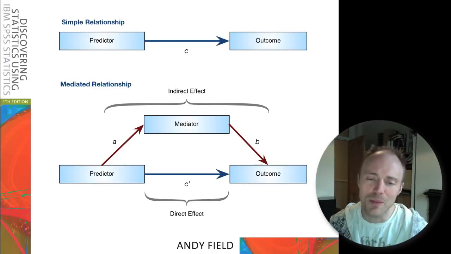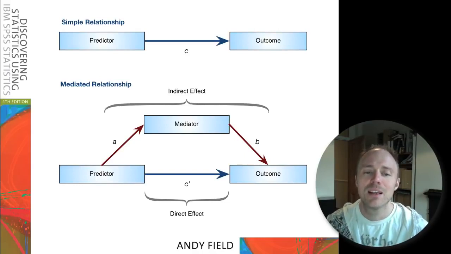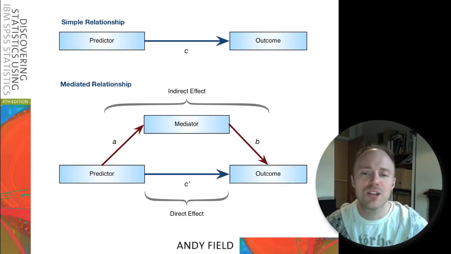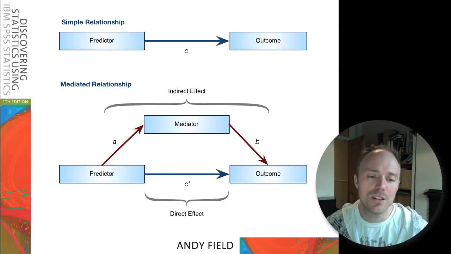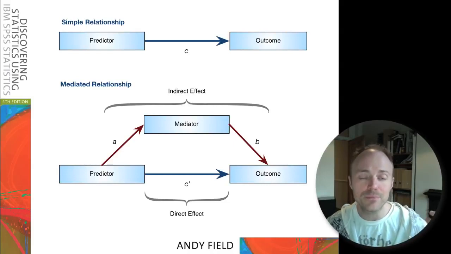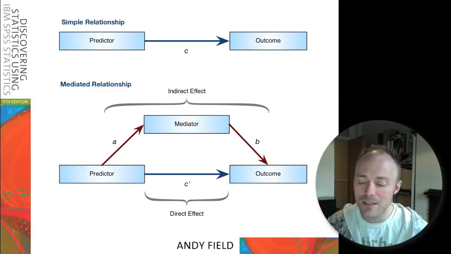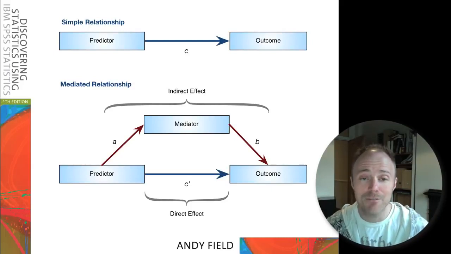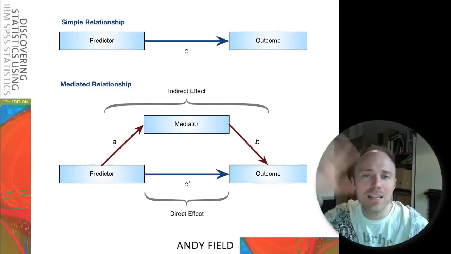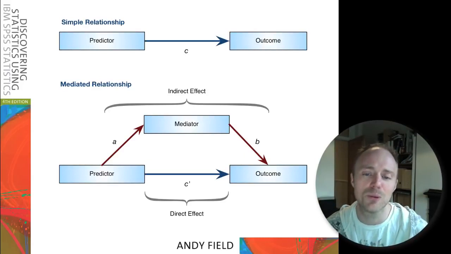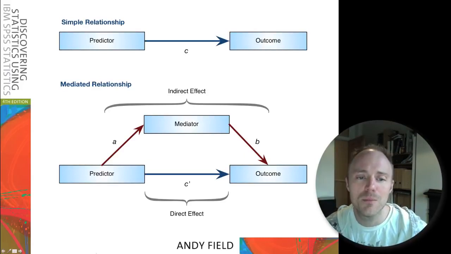Now, what mediation is all about is whether this simple relationship operates via a third variable. So in other words, is it the case that pornography consumption has an effect on infidelity because it's influencing some other variable? So in a mediated relationship we get this sort of triangle of variables.